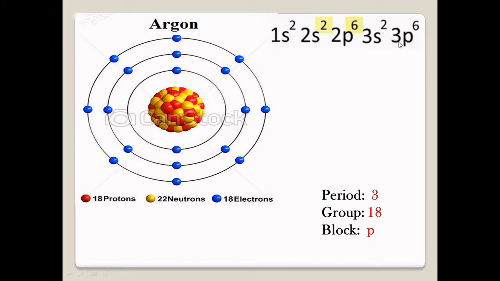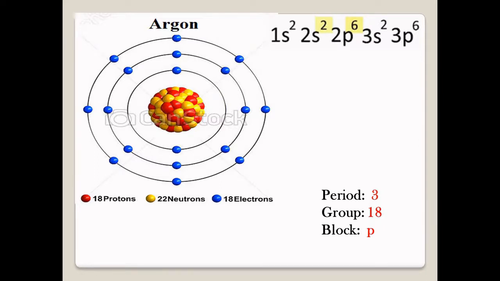This 3 indicates the period number 3, this p indicates the block p, whereas the summation of this 6 plus 2 plus 10 indicates it is a group 18 element. Okay, are you getting this?